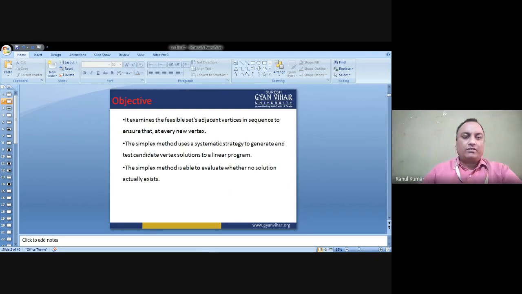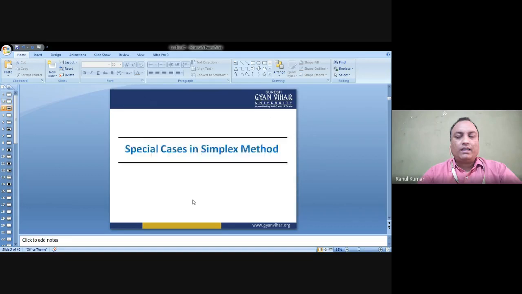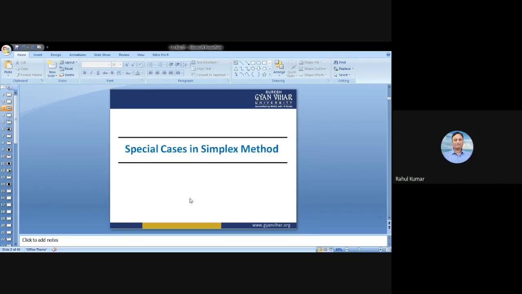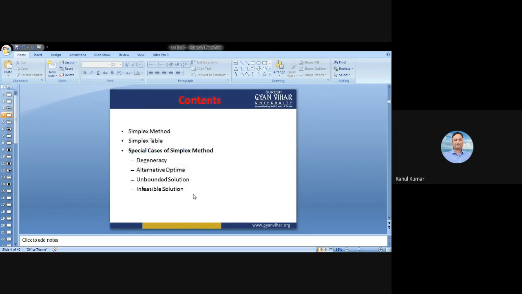This is one type of simplex algorithm and construction of simplex tabulation, and this is the typical case of the simplex method.